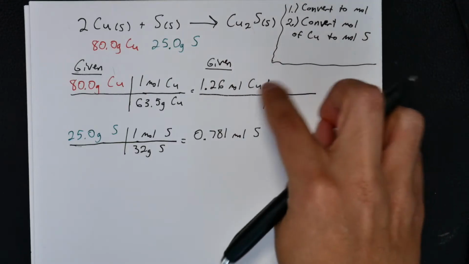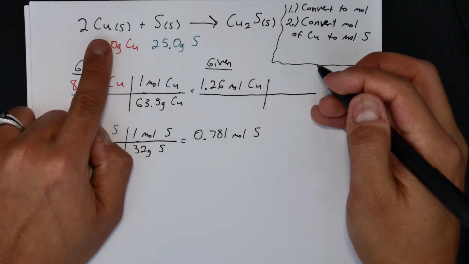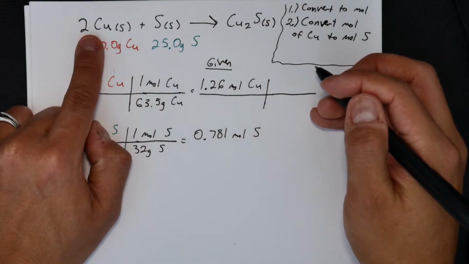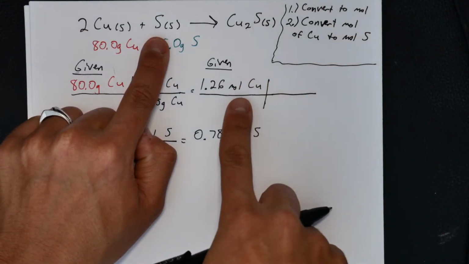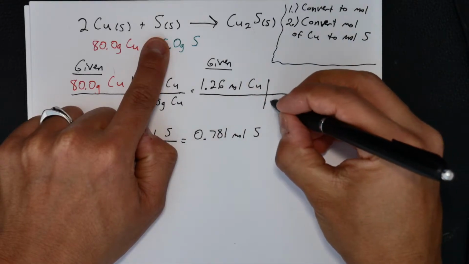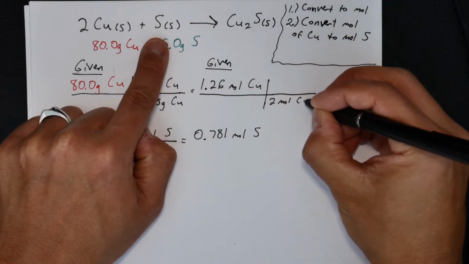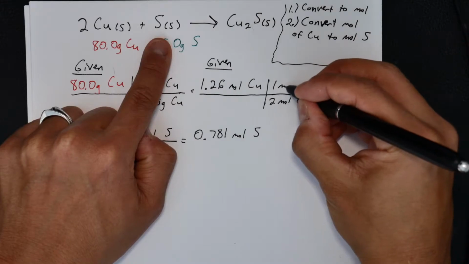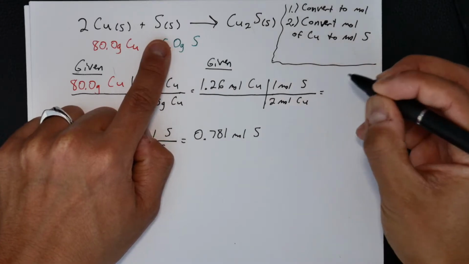We're going to do this conversion out, and our conversion factor is 2 moles of copper to 1 mole of sulfur. Seeing as I'm starting with moles of copper, I'll put my 2 moles of copper on the bottom and my 1 mole of sulfur on the top. Okay, like this.